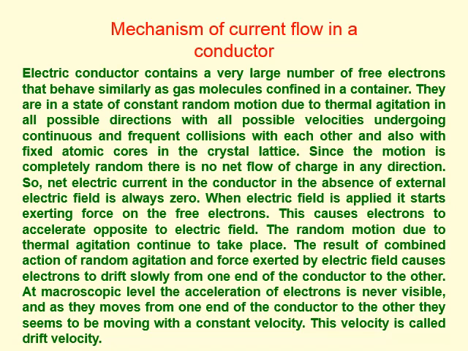At macroscopic level, the acceleration of the electrons is never visible. This is because the path of the electrons between two consecutive collisions is very short. So they seem to be moving from one end of the conductor to the other with a somewhat constant velocity. This velocity is called drift velocity.